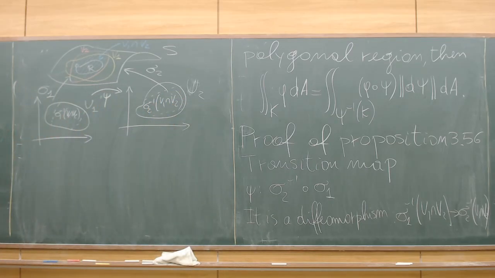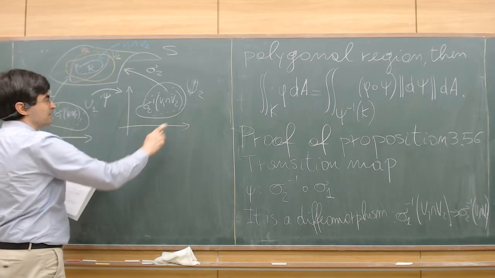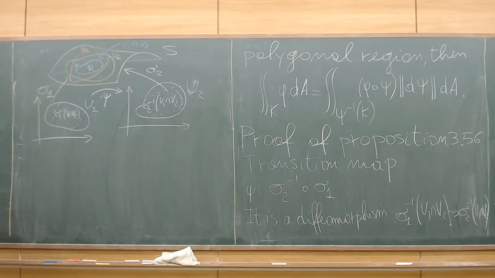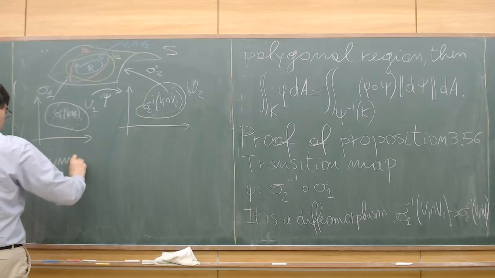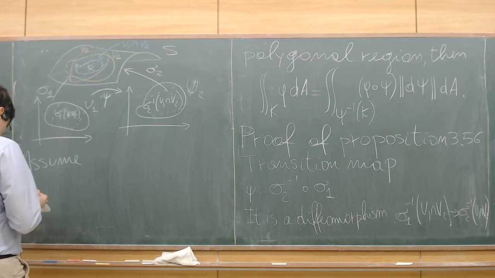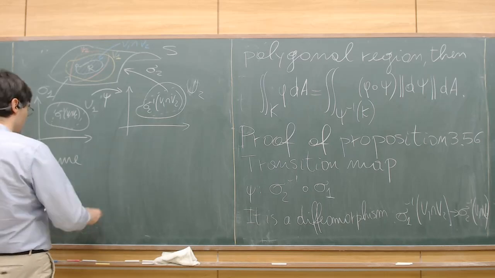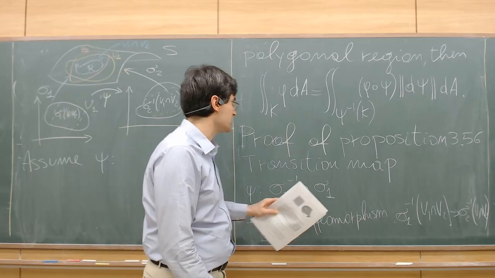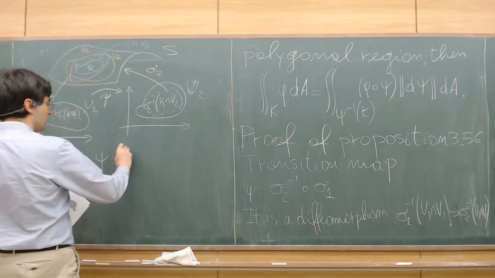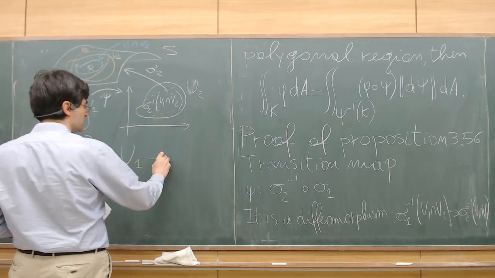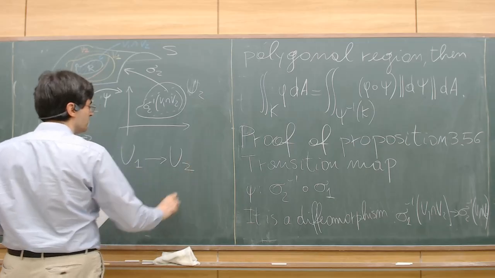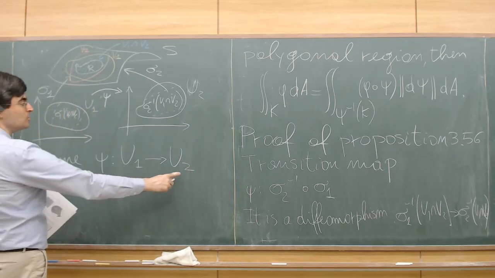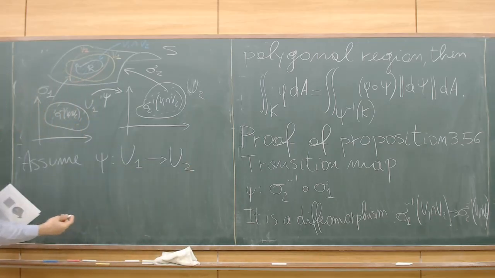But you can see from the picture that we can assume psi to be a diffeomorphism between U1 and U2, making U1 and U2 smaller.